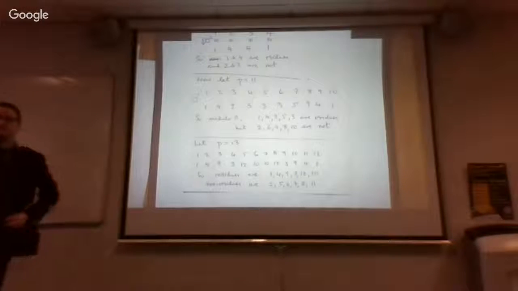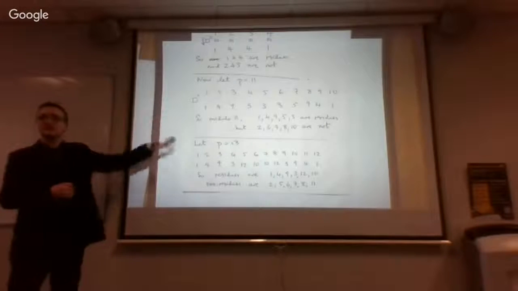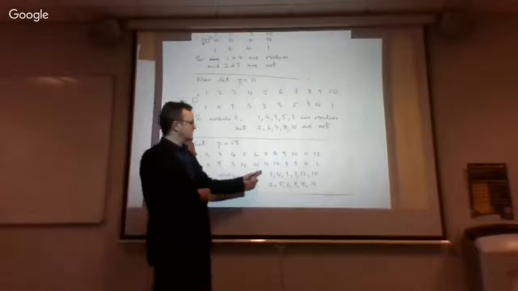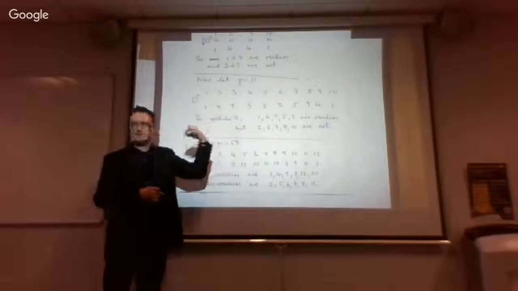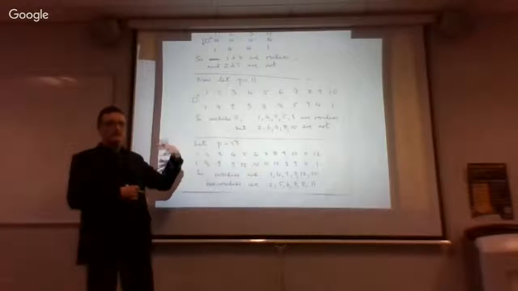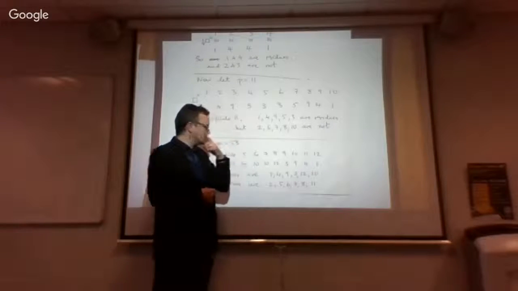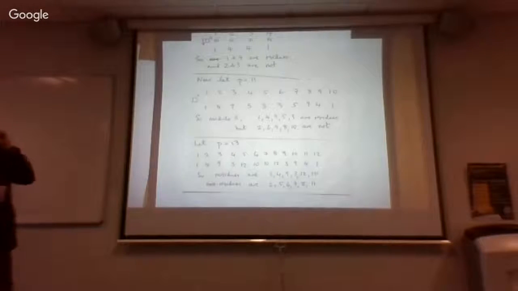So there doesn't seem to be any extremely regular behavior. The half and half split is, of course, very regular so far. But 1, 4, and 9 are always residues because they're square integers anyway. But the non-square integers, there doesn't seem to be any very regular behavior. Sometimes they are, sometimes they aren't.